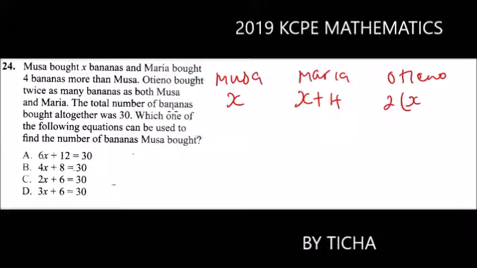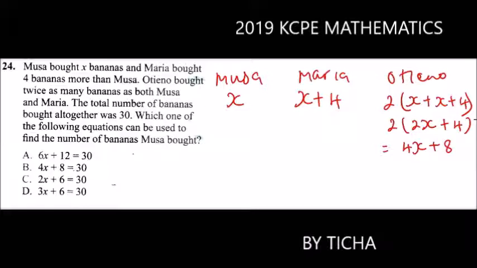So we have 2 times x plus x plus 4. That is all that was bought by Musa and Maria. And this would be 2 multiplied by 2x plus 4. So this is equal to 4x plus 8.